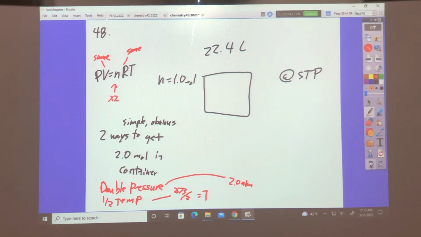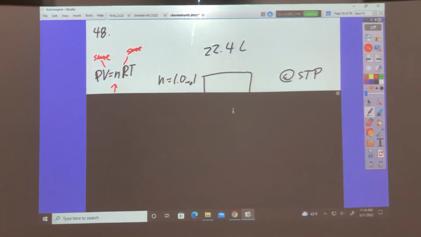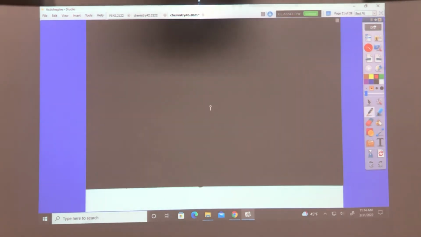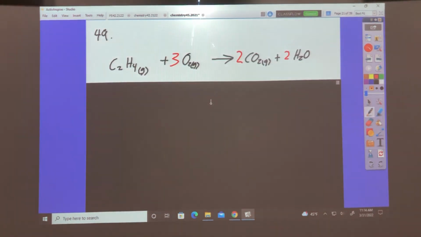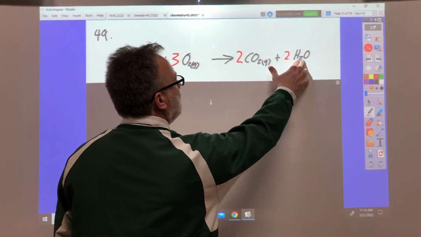Okay, 49. Ethene gas reacts with oxygen to form carbon dioxide and water. Write a balanced chemical equation, and then find the mole ratios. C2H4 plus O2 gives you carbon dioxide and water.